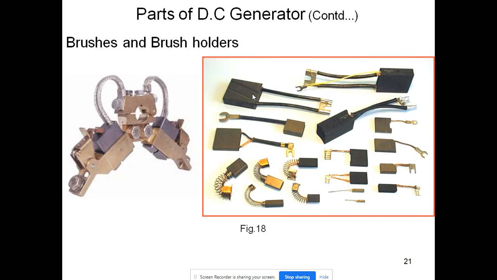You can see the various types of brushes and brush holders. These brushes are mainly made of high grade carbon. This is important.